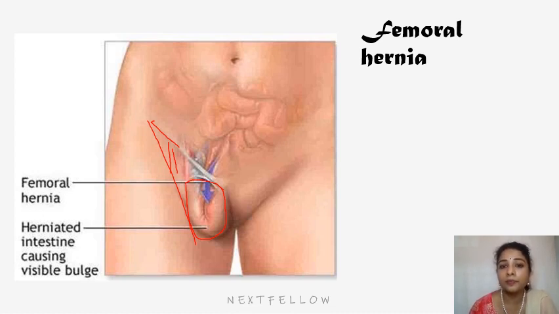Then the pubic tubercle can be a useful landmark when attempting to distinguish the inguinal from the femoral hernia. Femoral hernias lie below and lateral to the pubic tubercle, whereas inguinal hernias lie above the pubic tubercle. So that's how the surgeon distinguishes a femoral hernia from an inguinal hernia with the help of the pubic tubercle. So this is a short account of the femoral hernia, which is quite important clinically.